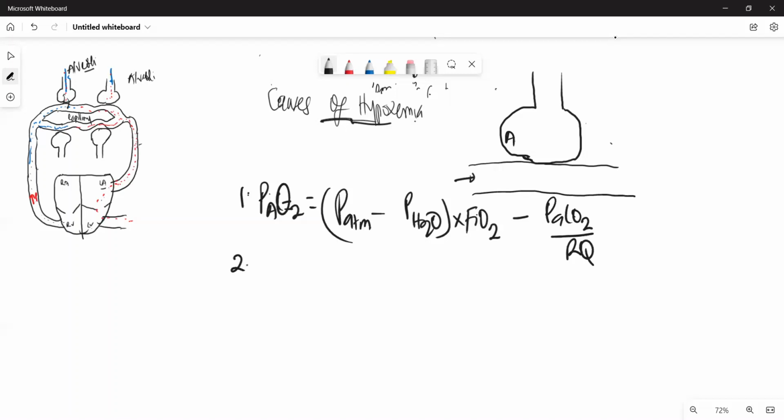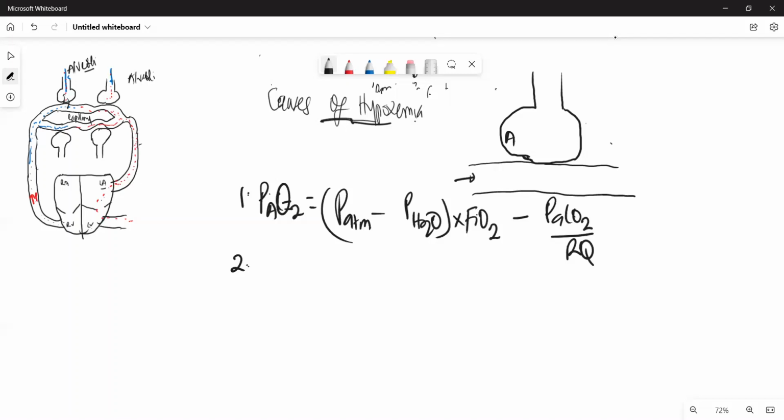The second thing we need to remember so that we can appreciate the causes of hypoxemia is diffusion, because once we get the oxygen into the alveolus, the oxygen needs to diffuse into the capillary, into the blood, and dissolve in the blood.